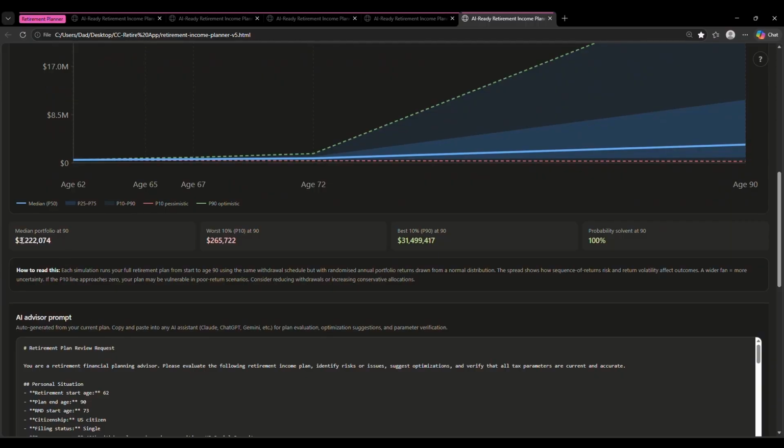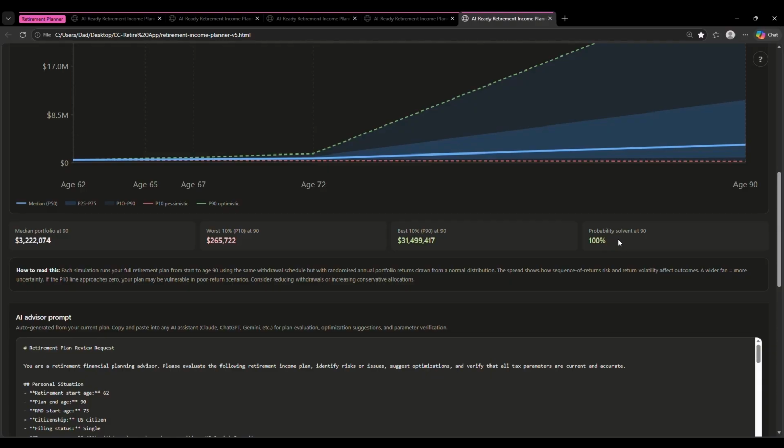4 metrics. Median portfolio at your final age. The P10 pessimistic scenario. The P90 optimistic and probability of solvency. If you're above 80% probability, your plan is in the green. 65 to 80% is moderate.